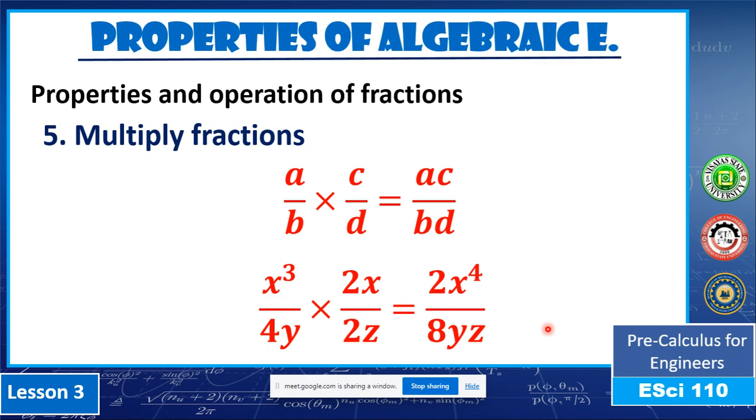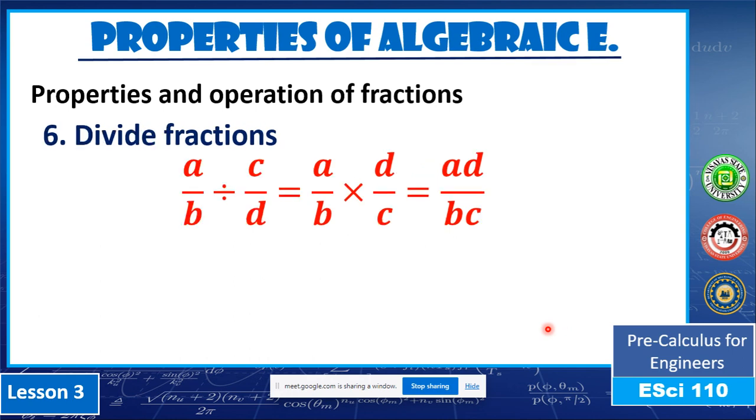Always gid class ha, don't forget to simplify your algebraic expression. Take note. Next, division of fraction. Of course, in dividing fraction, this is the key point that you should remember. In dividing fractions, please always go to the divisor.